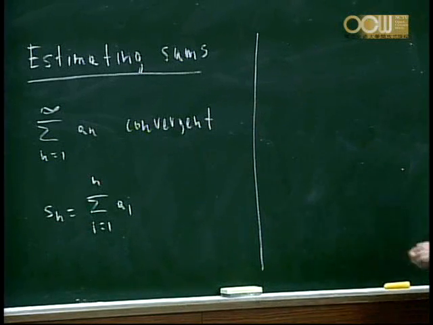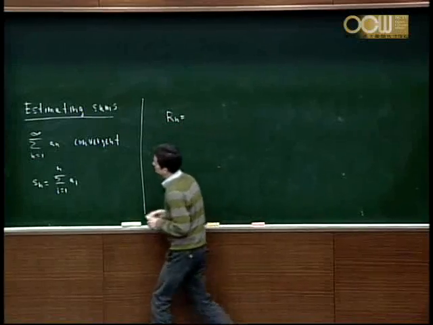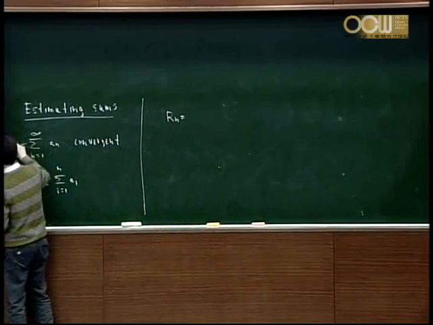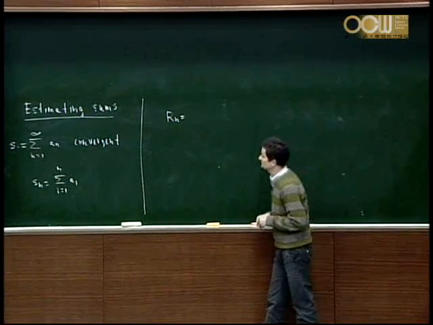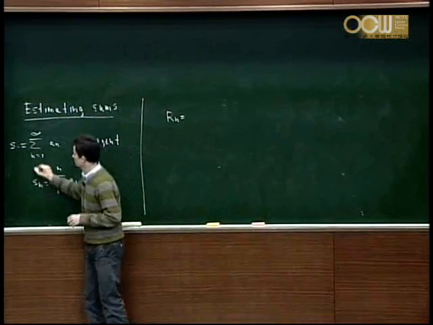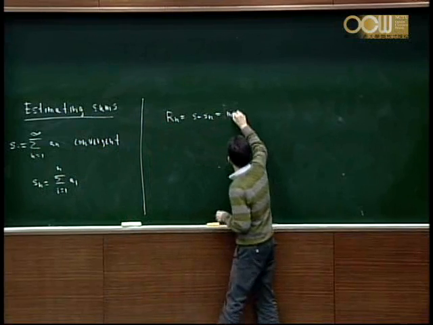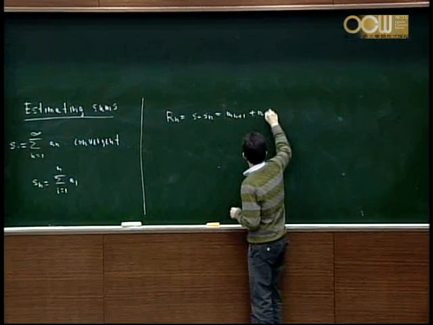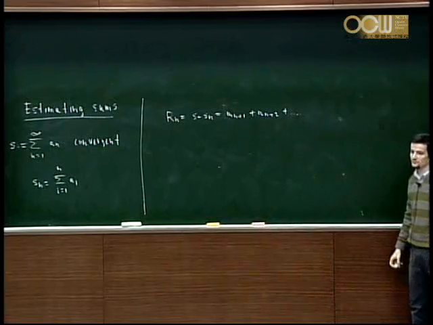So if the value of the series, which we do not know, is equal to S, and we compute this as an approximation of S, what is the error? The error obviously is all the terms starting from n plus 1.